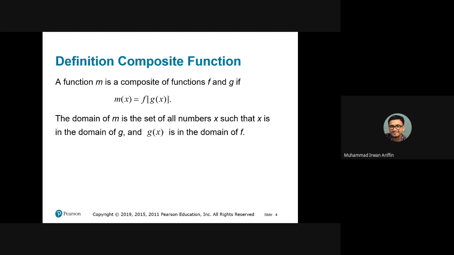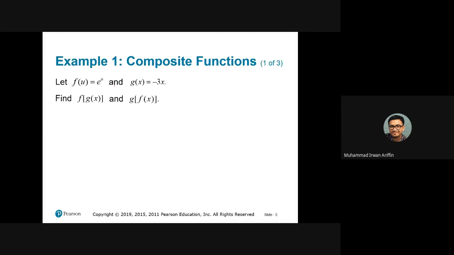Now the domain of m, of course, is the set of all real numbers. The domain would be the domain of g, where g of x is in the domain of f. Example: let's say we have f of u is e to the power of u and g of x is negative 3x. How do we find f of g of x? Be careful.